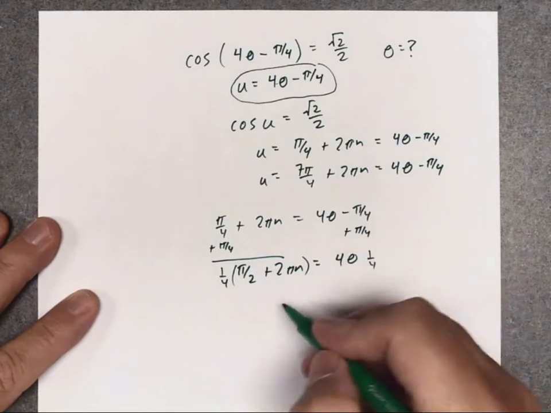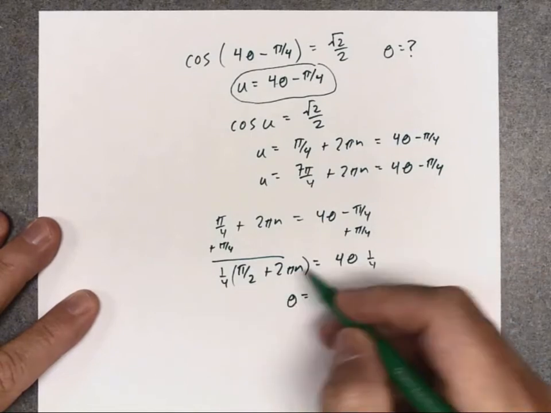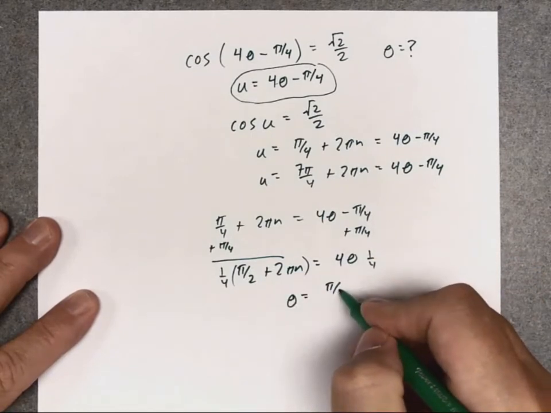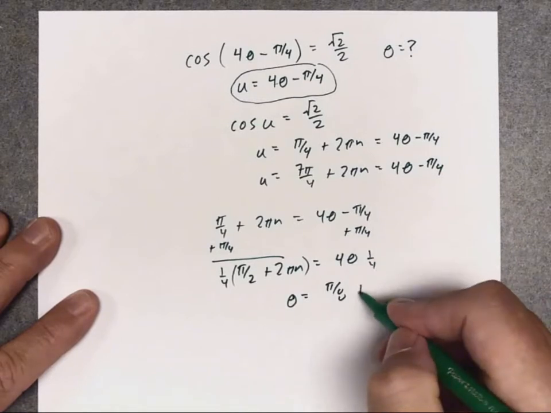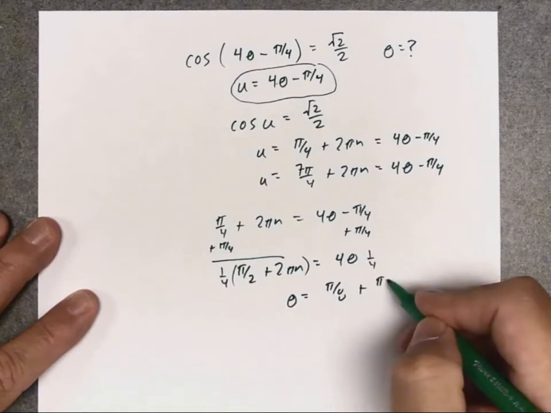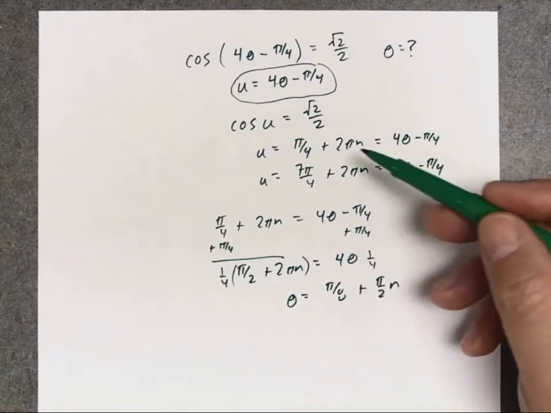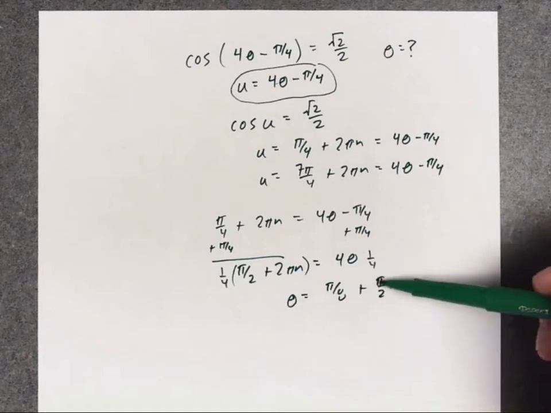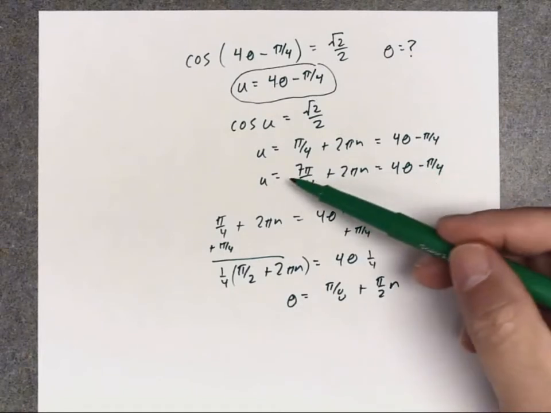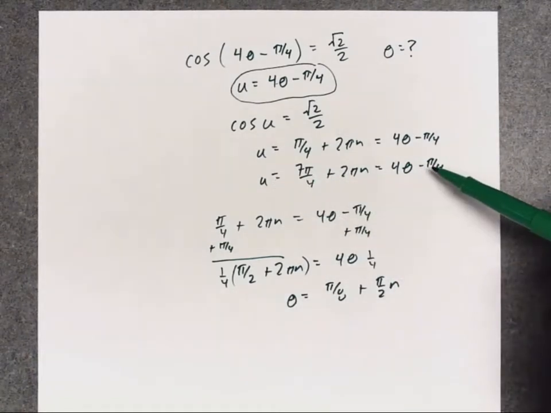What do I get? I get theta equals pi over 8 plus pi over 2 n. That's my first solution. But I've got a second solution.